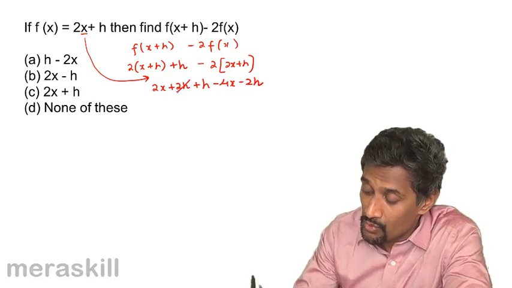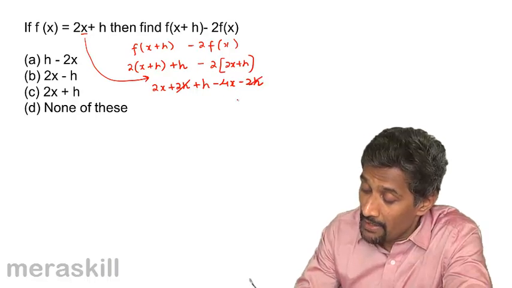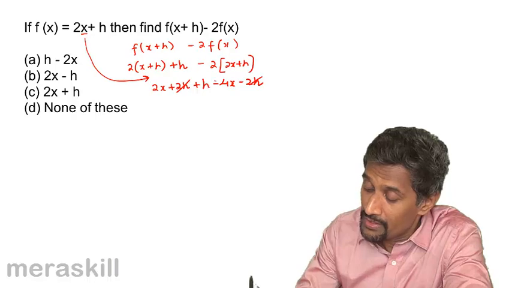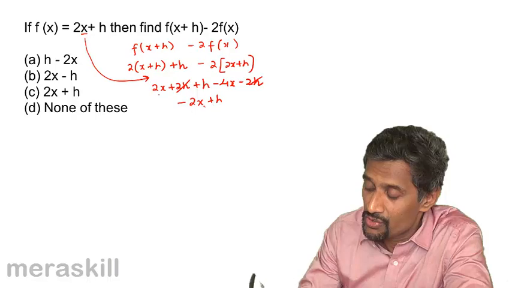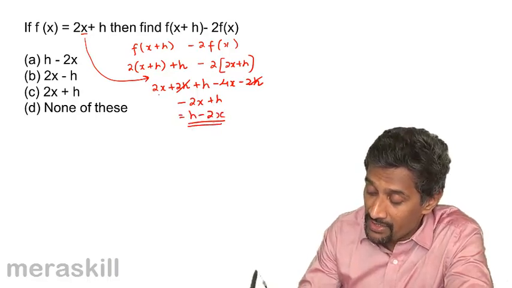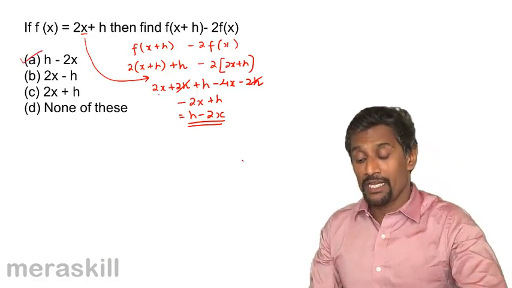So we have 2h and minus 2h getting cancelled, and you end up getting minus 2x plus h, or it can be h minus 2x. So it is h minus 2x that is the correct option.